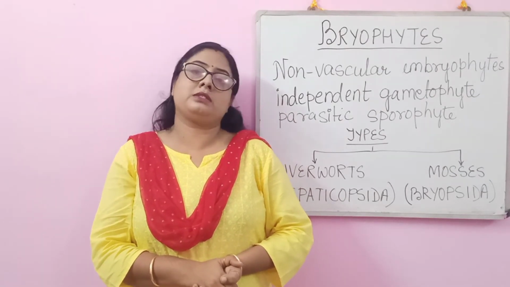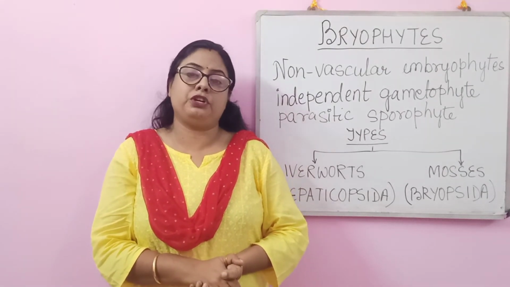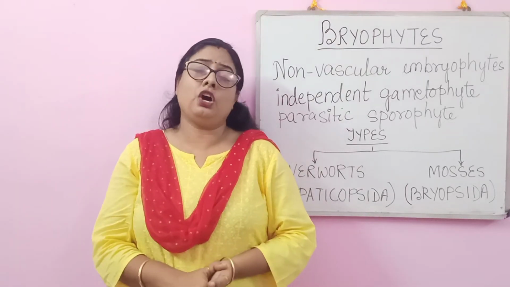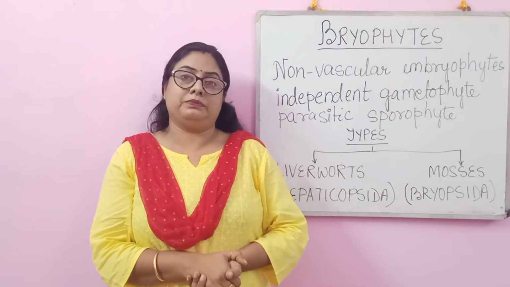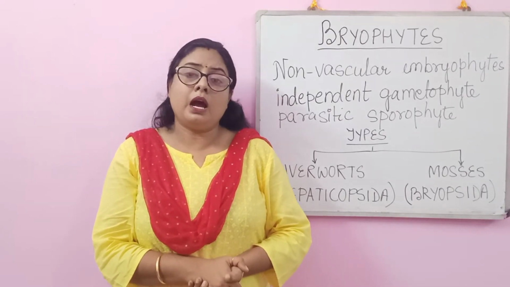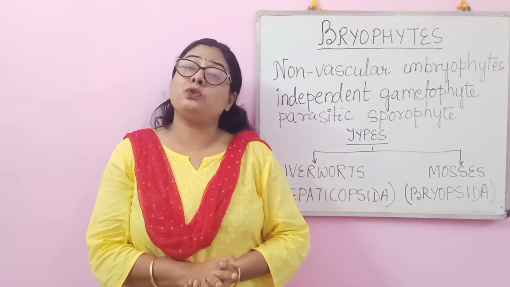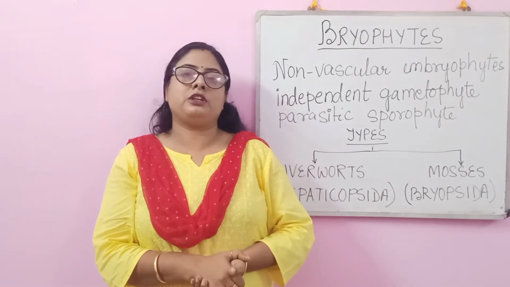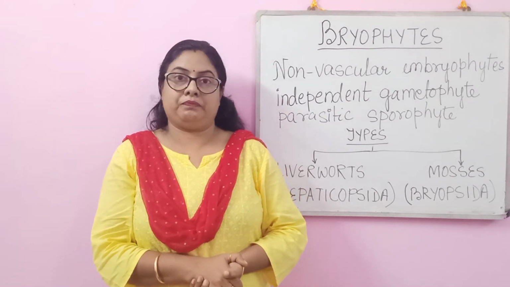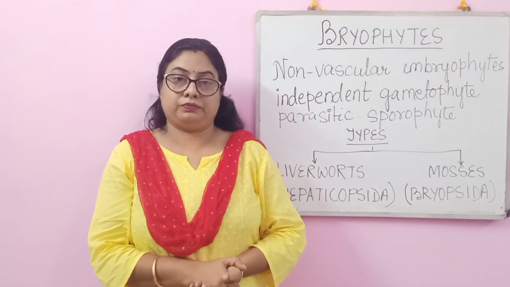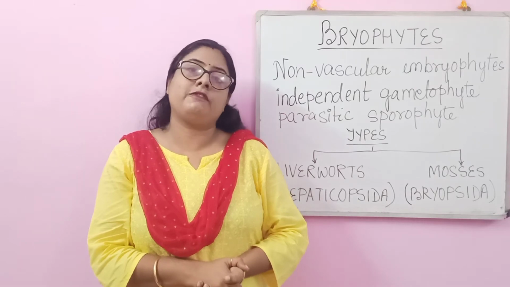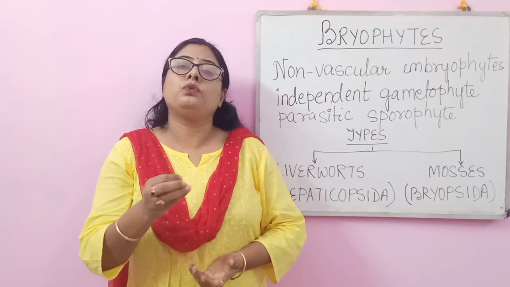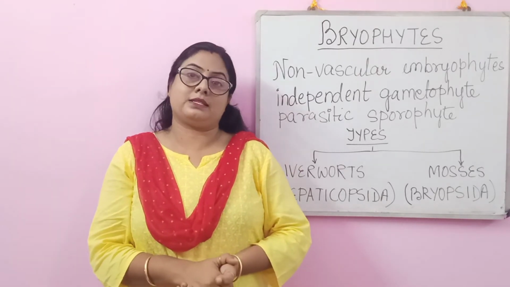Archegonium is the female sex organ producing the oosphere or ovum. The antheridium is club-shaped and it produces biflagellated antherozoids. And the archegonium is flask-shaped, and within the bulb of the flask, the oosphere or ovum resides.